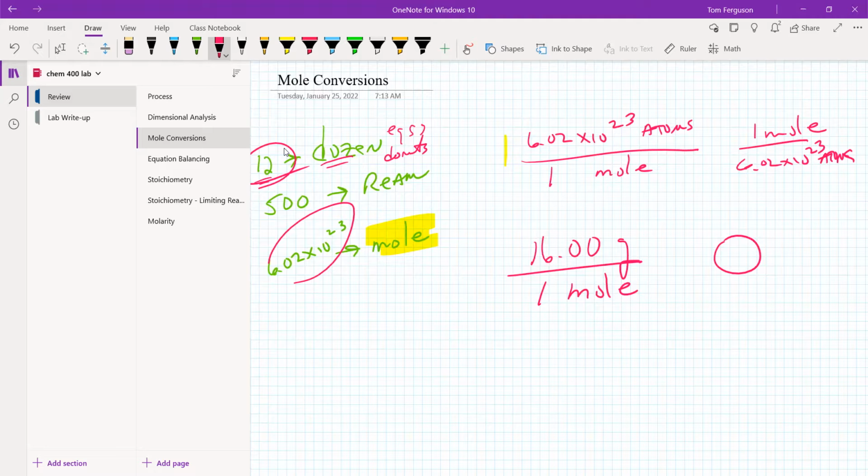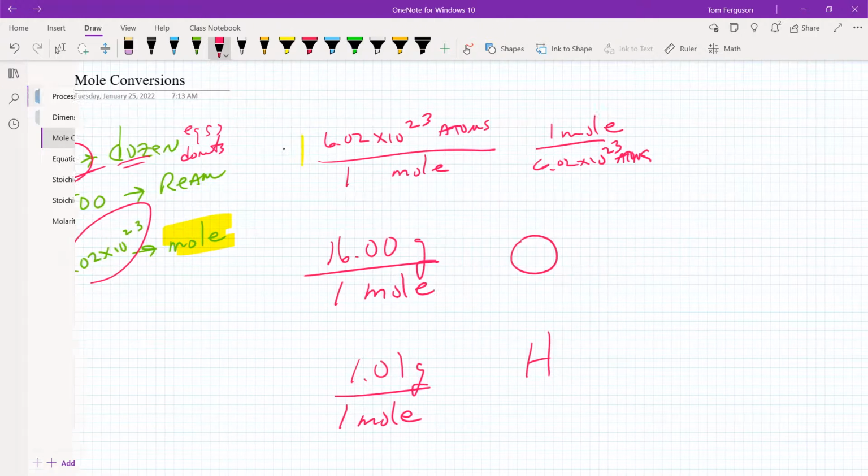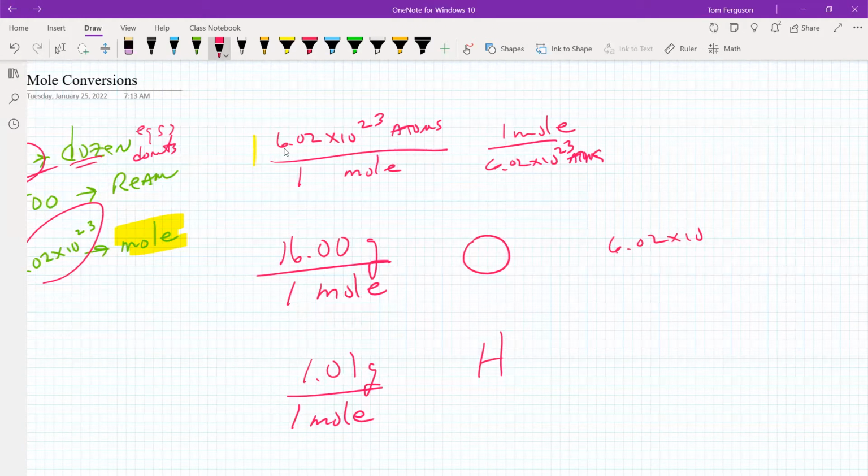If we weighed hydrogen, we would get 1.01 grams, and this would be a mole of oxygen atoms and a mole of hydrogen. That would mean this is going to be 6.02 times 10 to the 23rd atoms of oxygen, 6.02 times 10 to the 23rd atoms of hydrogen.